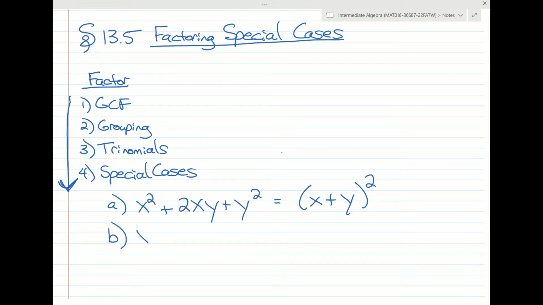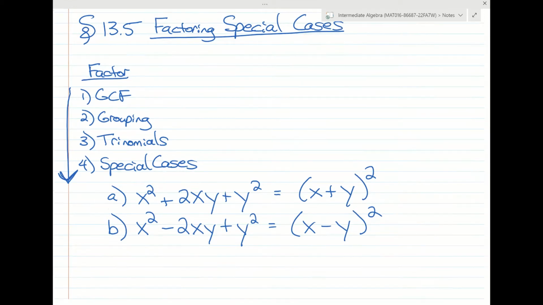For right now, let's just write the formulas down, and then I'll show you how to apply them. Second special case is if you have something squared minus 2 times the first and last plus the last squared, we get x minus y to the second power. And again, that second power just means we could write x minus y times x minus y.